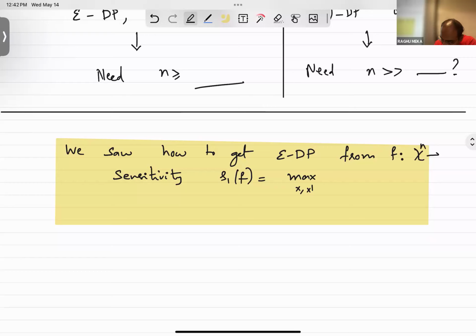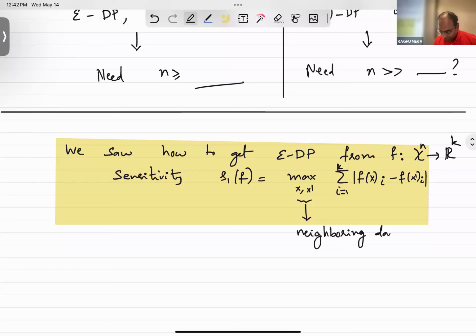So if I had a function which had k coordinates, then we saw that we can get epsilon differential privacy for it from sensitivity. And the definition of sensitivity was, look at all of the k coordinates, how much have they changed between two neighboring databases.